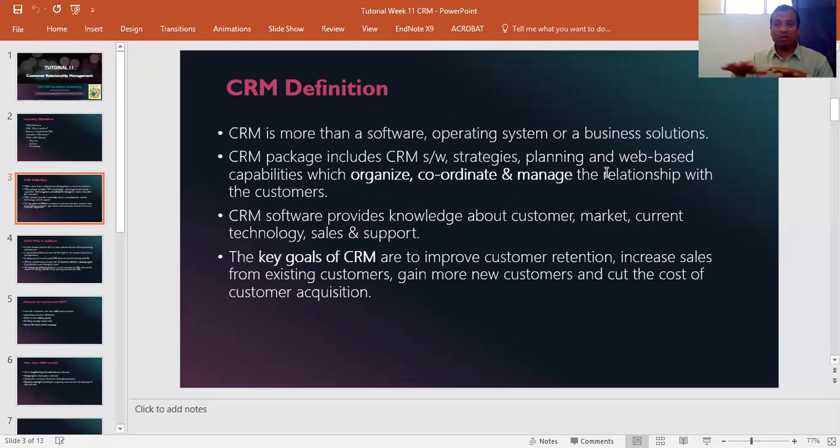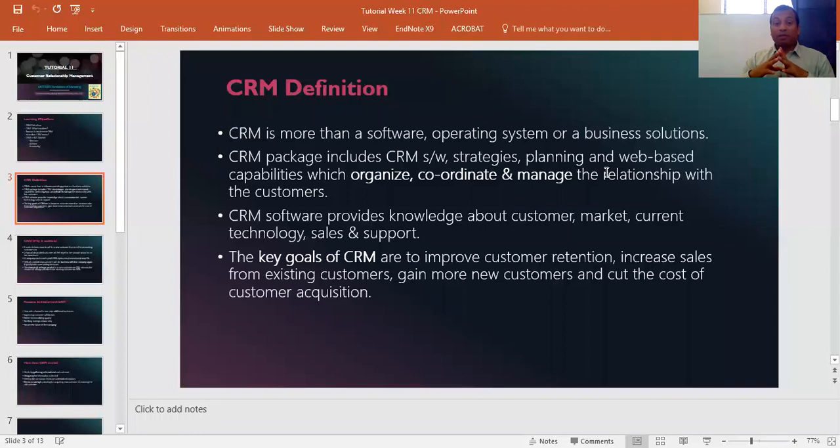So the different touch points, different diverse sources or the touch points from where the customer they interact with the company. So try to have an organized way of collecting all those information, coordinating all the activities, managing the relationship. It covers a whole lots of things.